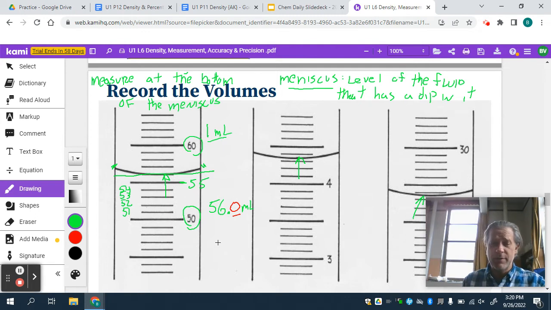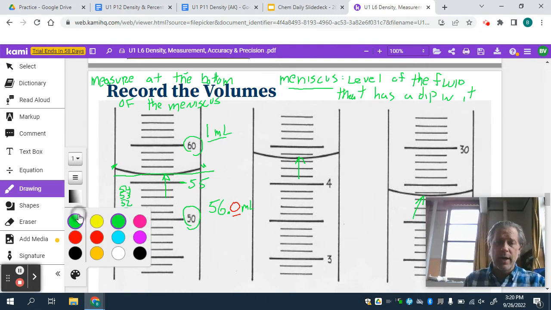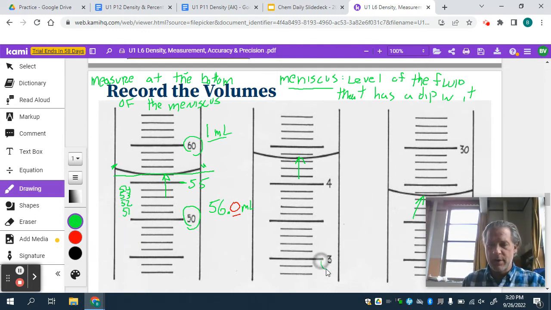This next one is a little bit different. Here we have a graduated cylinder that has a marking of 3 and a marking of 4, and then there is a bigger, heavier dash that looks like it's right in the middle. So I'm going to guess that's probably 4.5, and I'm most likely right, but I'm going to check.